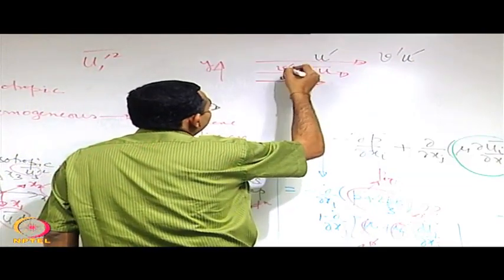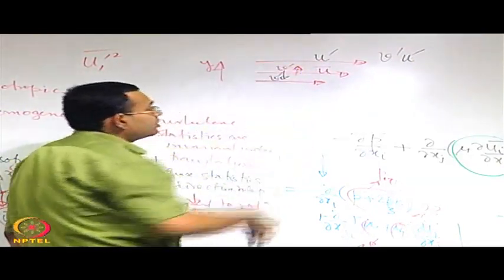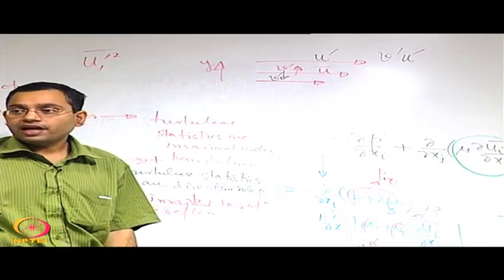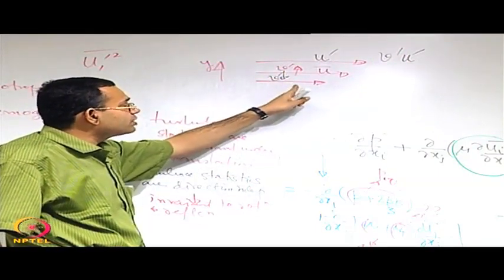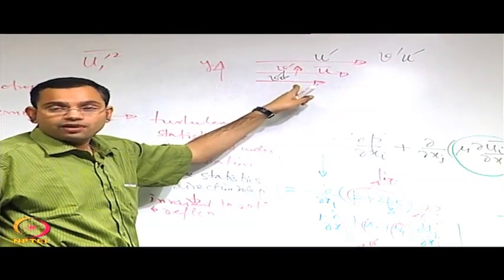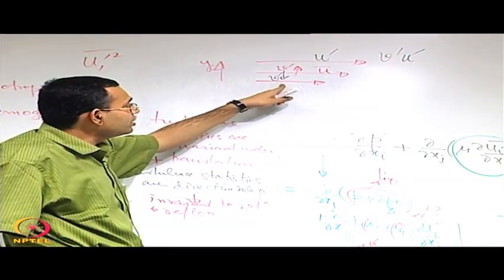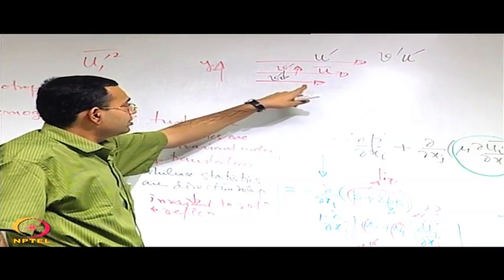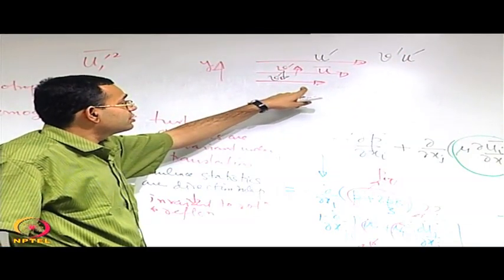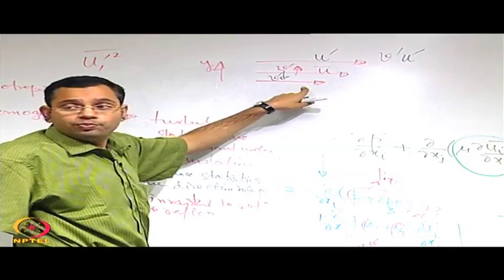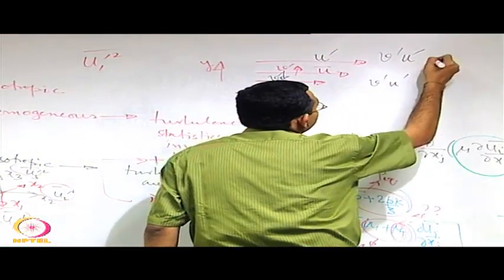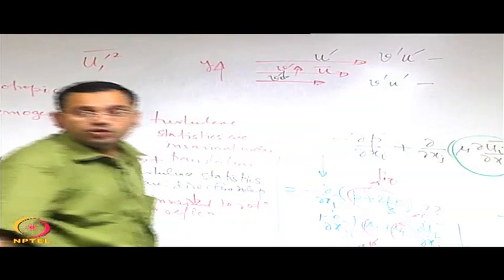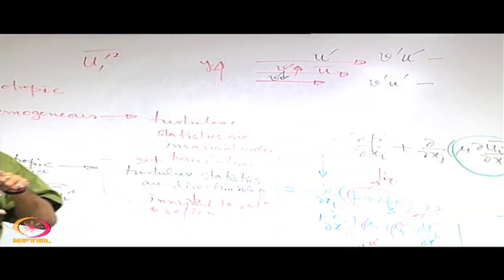Similarly, you may have a v prime along the negative y direction, that is, a fluid element trying to exchange momentum with the bottom fluid layer. When it does that, with a negative v prime you will have an associated positive u prime. So again v prime u prime is negative. So in both cases v prime u prime is negative, when it is moving to the top and when it is moving to the bottom.